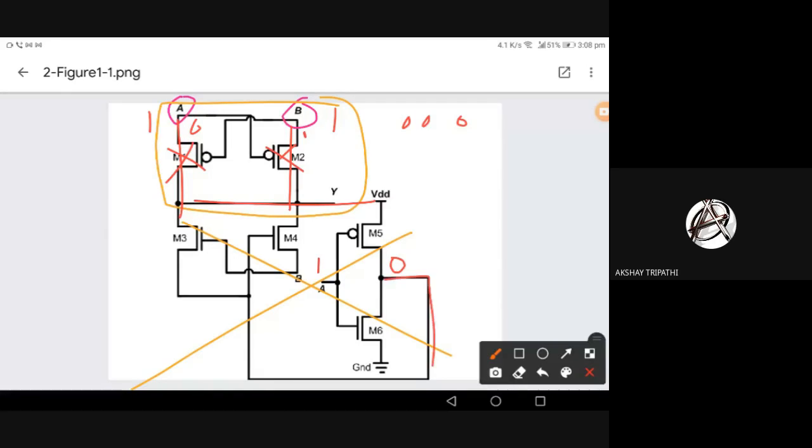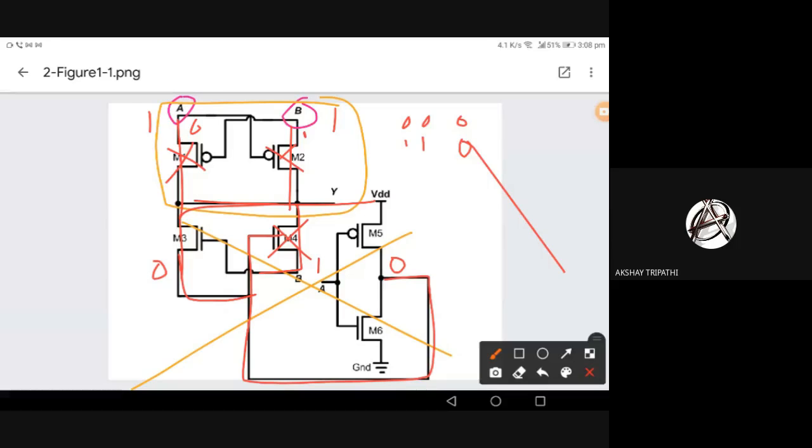That 0 makes M4 on, and B is 1. So M4 is off, and this is getting 0. What about M3? M3 is also on, so the output is 0.